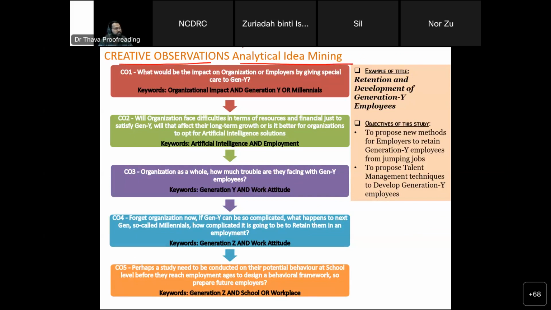This is the first time I'm going to share with you how to do analytical idea mining. This topic I've put at the side here just to refresh what I have just spoken, retention and development. So I have CO1, creative observation 1, all the way to 5, but we're only going to look at 1. All this we'll look at next class, the second class.